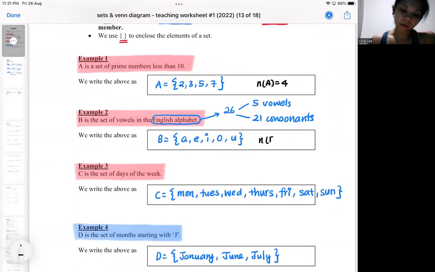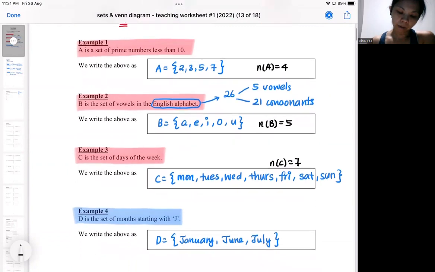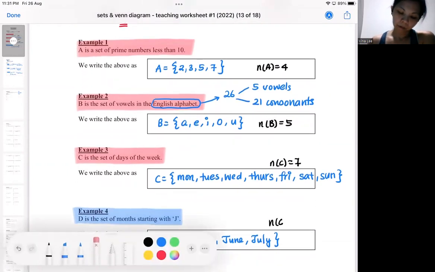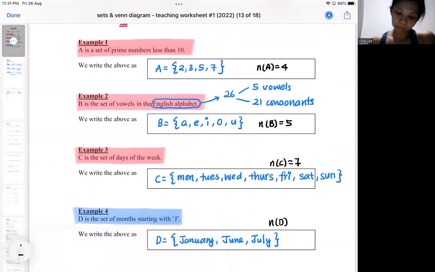There are 5 consonants, 5 vowels, sorry. And there are 7 days. And then there are 3 months, 3 months that start with J. So usually that comes hand in hand.